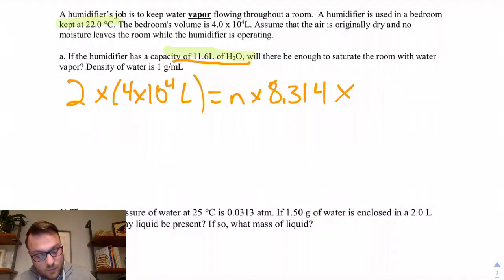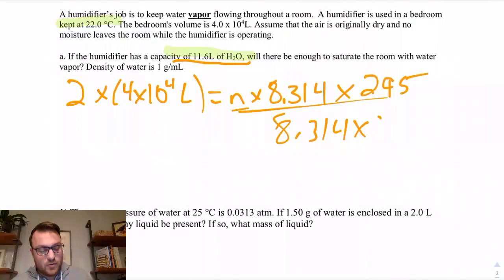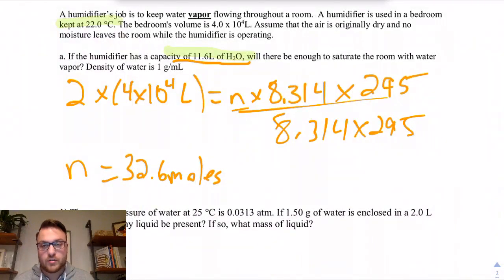So just divide both sides by 8.314 times 295, and you should get an n of 2 times 40,000 divided by 8.314 divided by 295. You get an n of 32.6 moles. Yeah, you have to get table H. If you do the Castle Learning, you will get questions that just directly say you need to use table H. You can't have table H memorized. It's way too complicated.